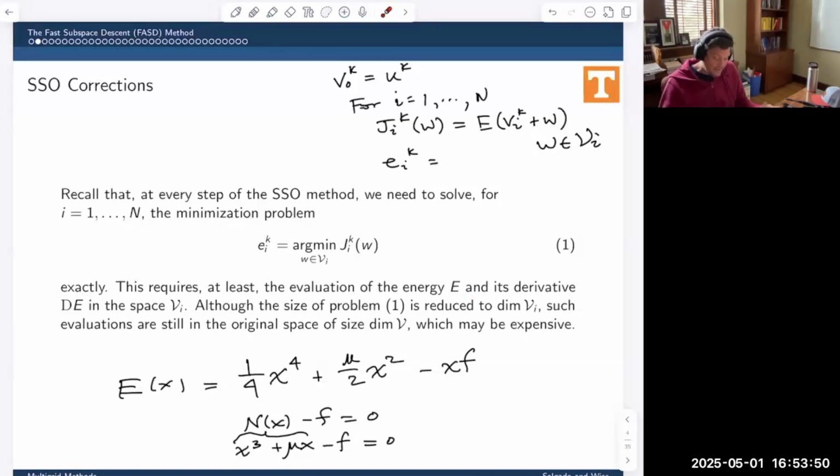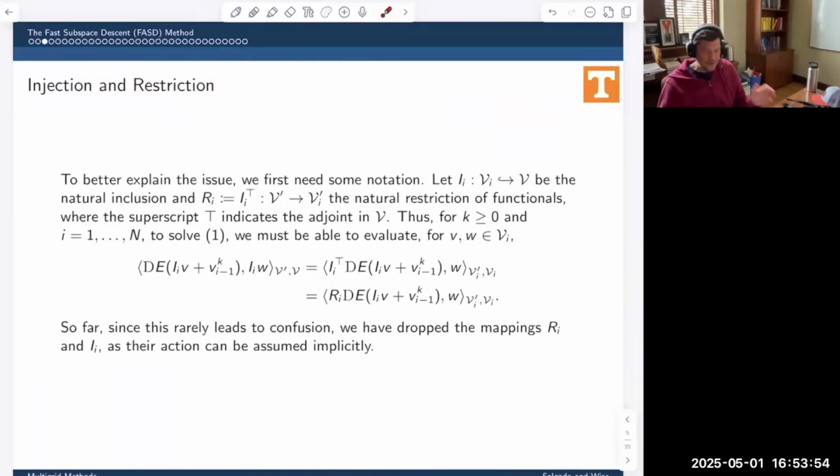This turns out to be fairly expensive. And I need to try to find a better way of doing this. The better way is to define something like a coarse grid operator. And the analog to the coarse grid operator is the so-called coarse energy.